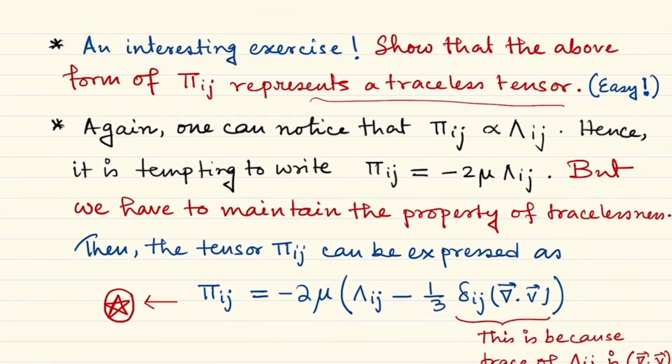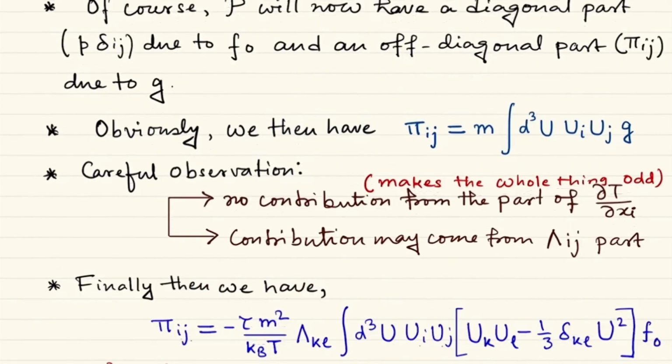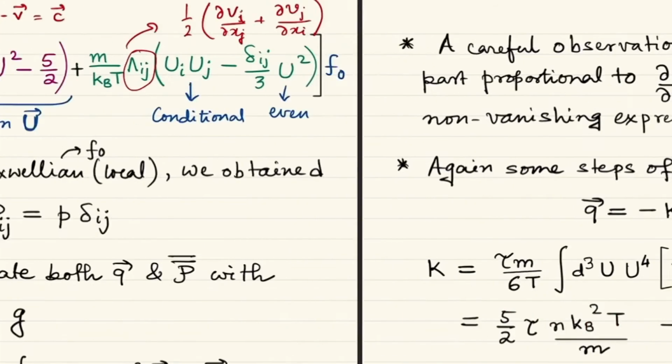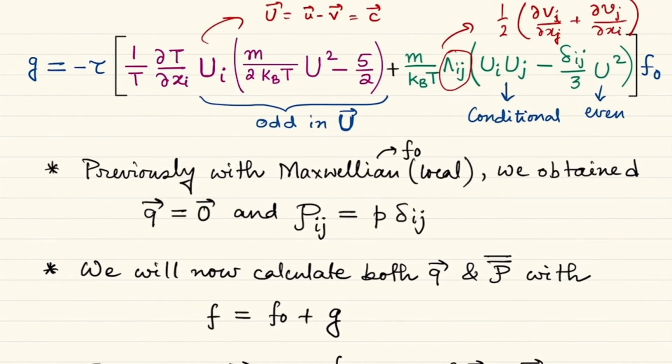Again, you can notice here that when we defined pi ij from its basic definition, it is proportional to lambda ij.